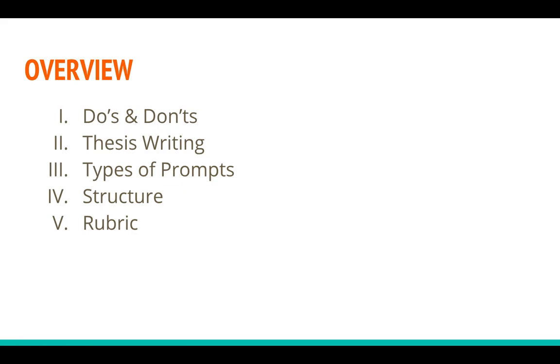Because these are going to be in a time setting, you want to have a format that you can easily follow and not have to figure out while the clock is ticking. And then finally, I'll show you the rubric on how College Board scores the essays and how many points they're out of. So let's start with the do's and don'ts.